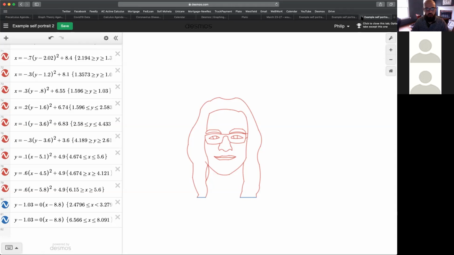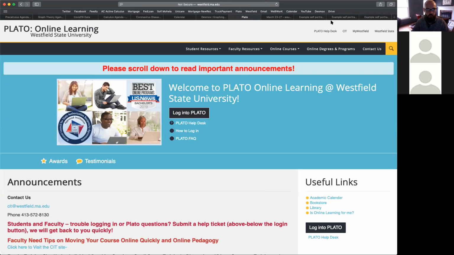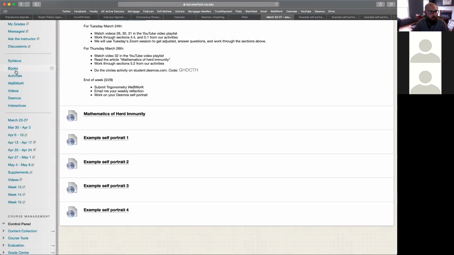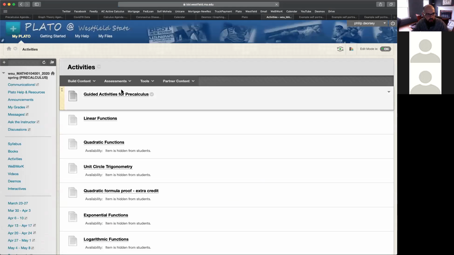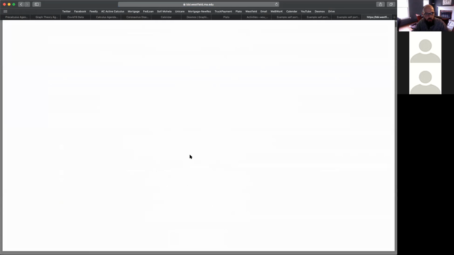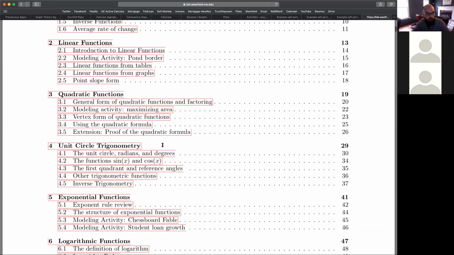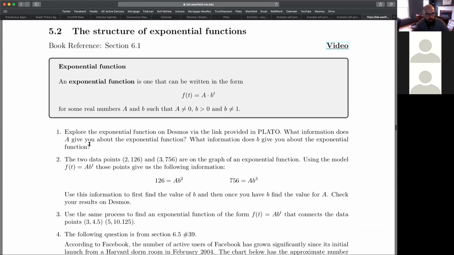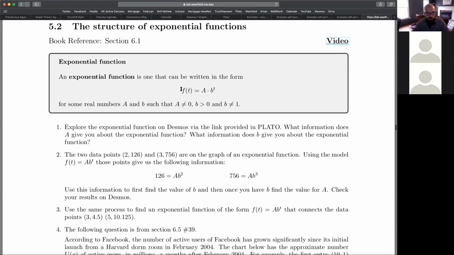Okay, so next thing on my agenda, I'm going to switch back here. Let's jump back over to Play-Doh. In our activities, what I wanted everybody to be doing was, last time we looked at exponent rules, and now we're thinking about exponential functions.